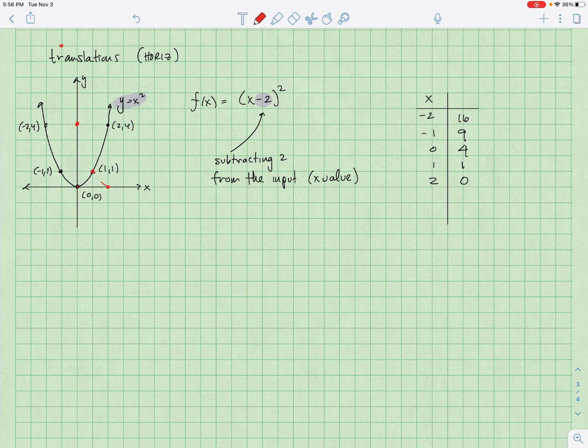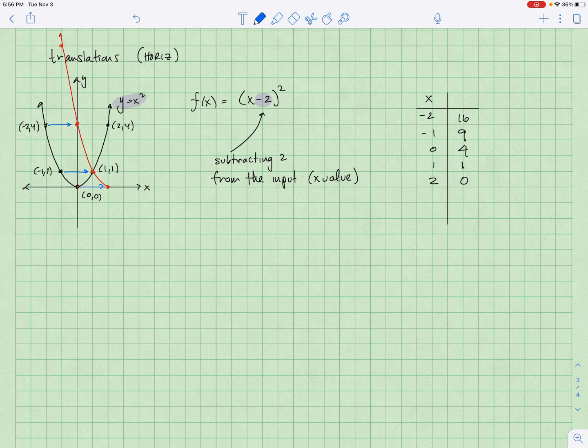And this curve looks like this, which is really mirroring what's going on in the black curve. It just looks like this point has been shifted over to, this point has been shifted over to, this point has been shifted over to.